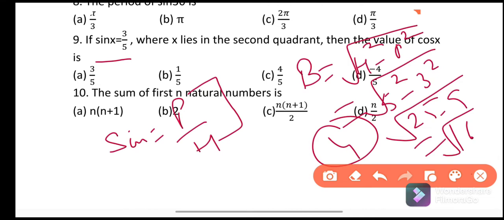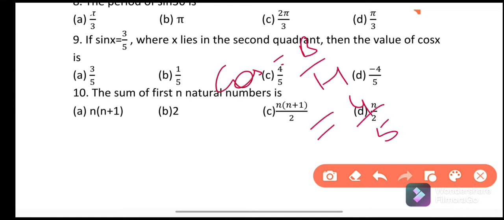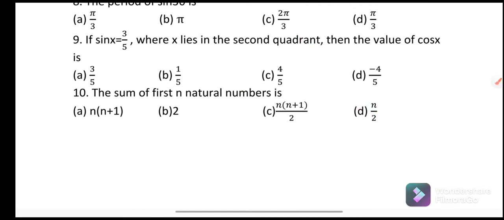So b is equal to 4. Now cos is equal to b over h, that is 4 over 5, but in the second quadrant cos is negative, so the answer is minus 4 by 5. So the answer is D option.